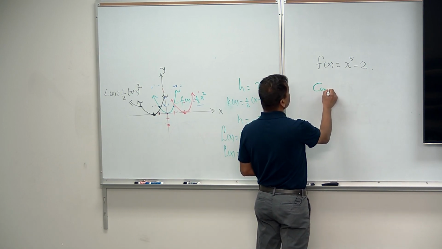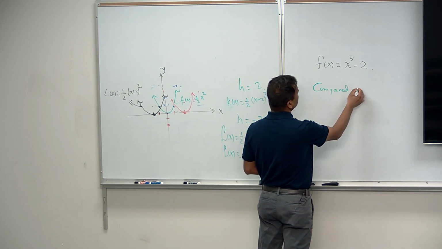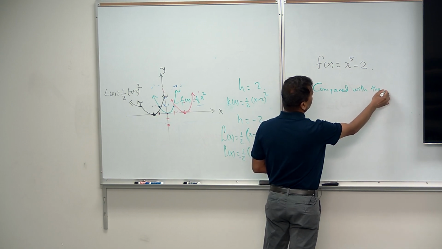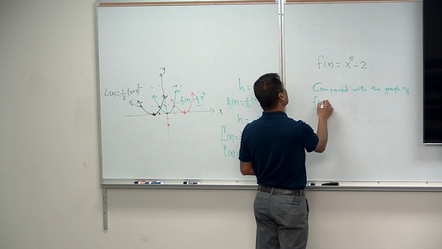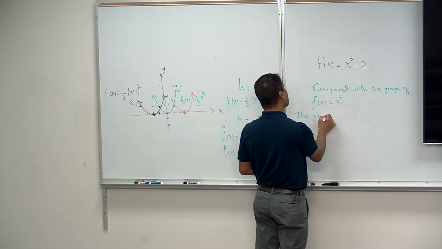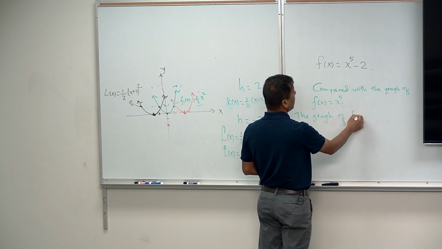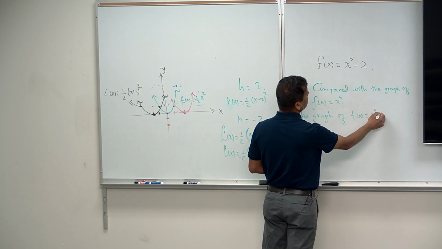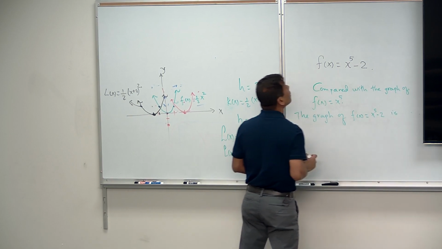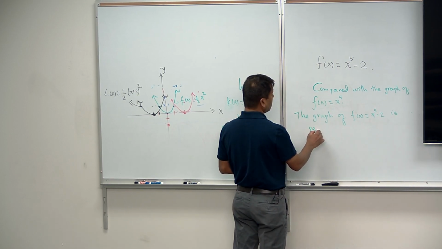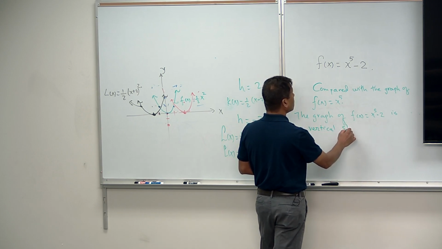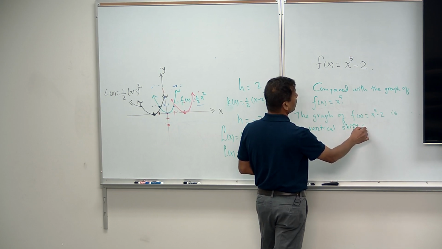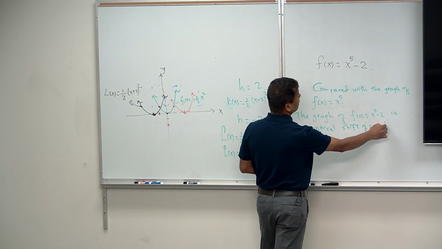So compared with the graph of what? Compared with the graph of f(x) equals x to the power 5, the graph of f(x) equals x to the power 5 minus 2 is a vertical shift of 2 units down.